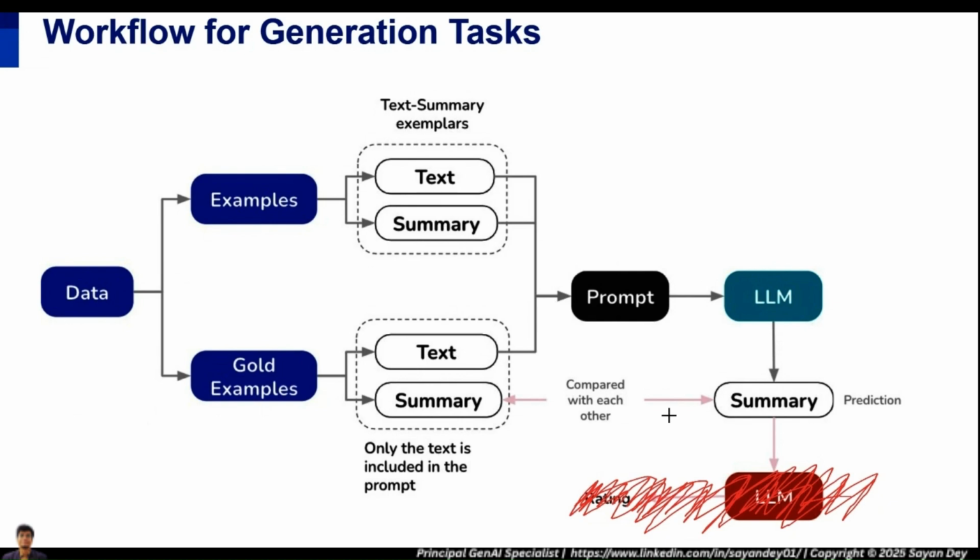Now, when we talk about generation models, summarization models, generation tasks particularly, we cannot compare it like we did for classification. Why? Because the generated text, in this case the predicted summary, will never match the actual summary. Please keep this at the back of your mind. Whatever summary the LLM predicts based on the transcript will never match the actual summary.